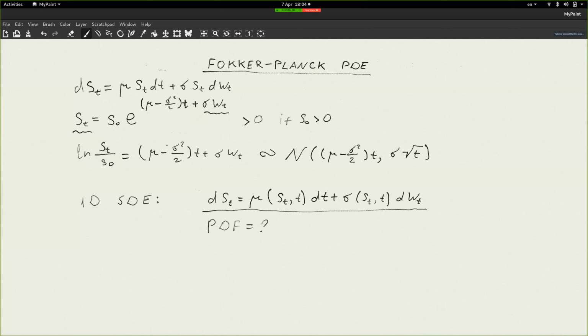And that's precisely what the Fokker-Planck partial differential equation will do for us. It allows us to obtain the PDF, the probability density function. What is the probability density function?